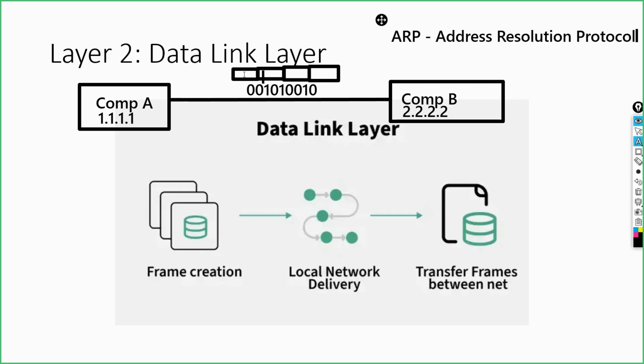Once the frame is created, the data link layer adds the physical MAC address of the sender and receiver. The address resolution protocol, the ARP process, happens here. And one more thing: the data rate, which we saw in the physical layer, is also ensured here.